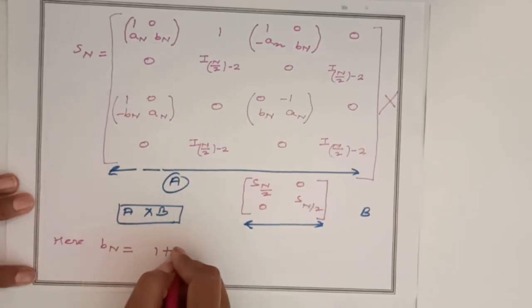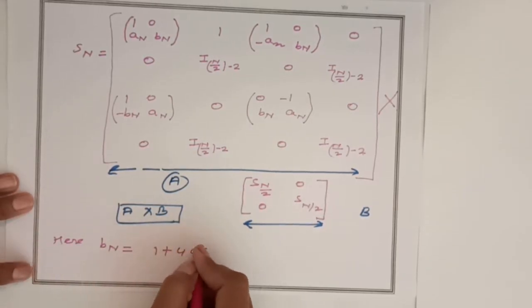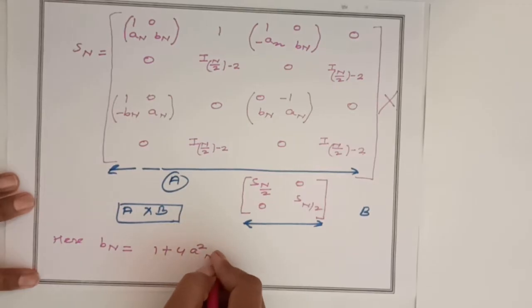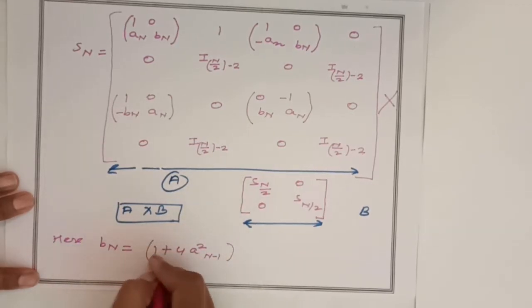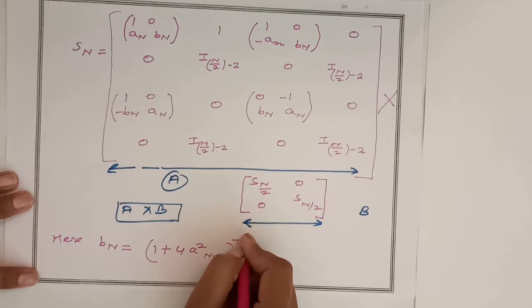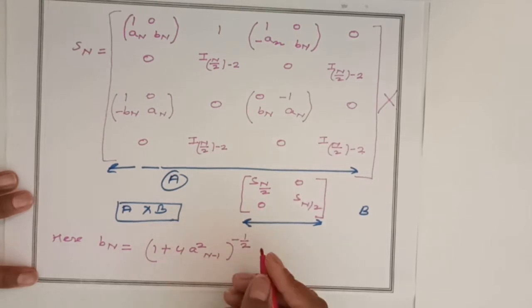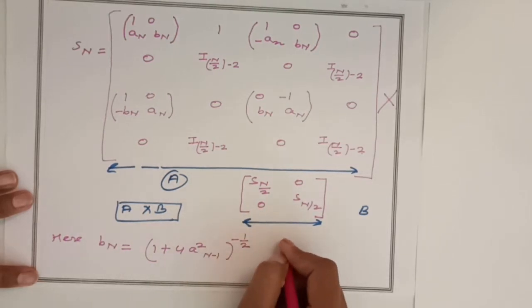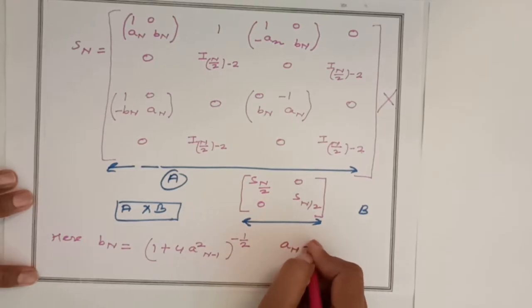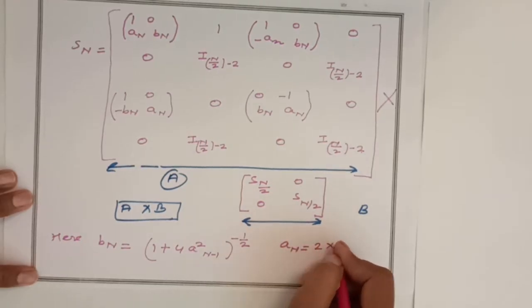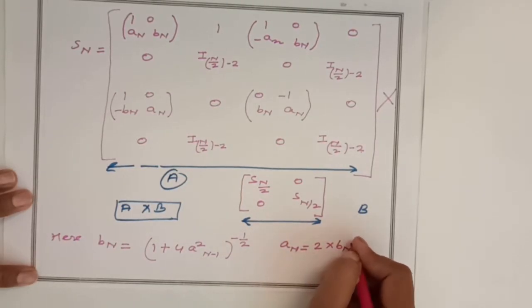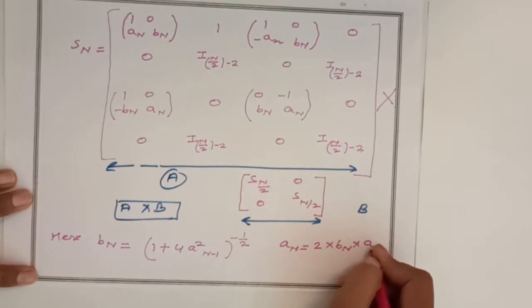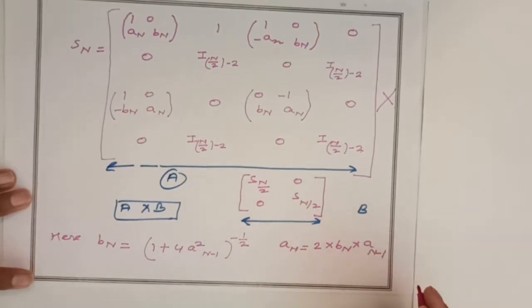Here bn is 1 plus 4a square n minus 1, raised to the power minus 1 by 2, and an is 2 into bn into a n minus 1.